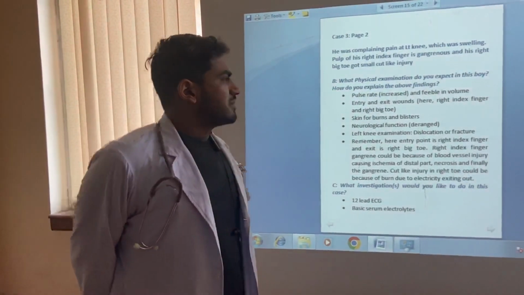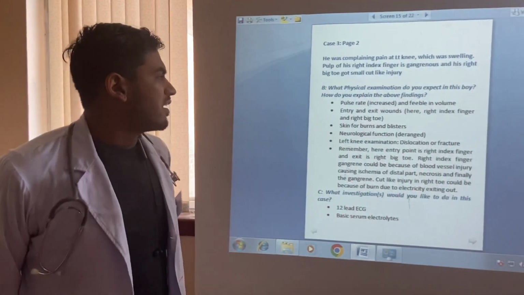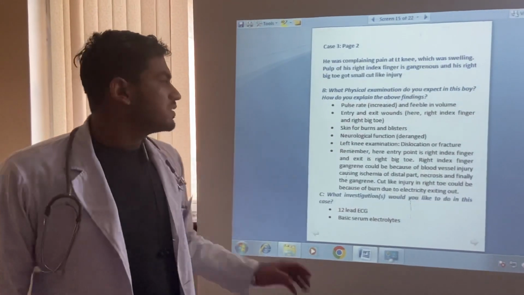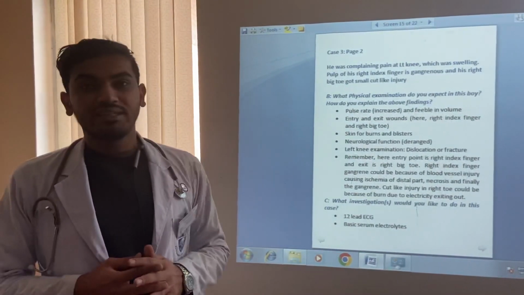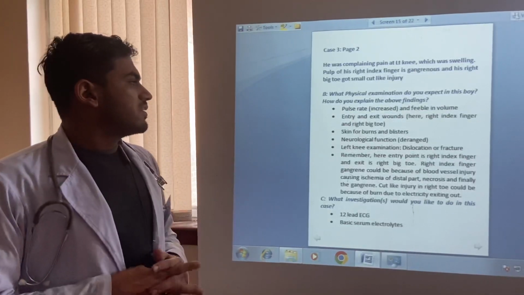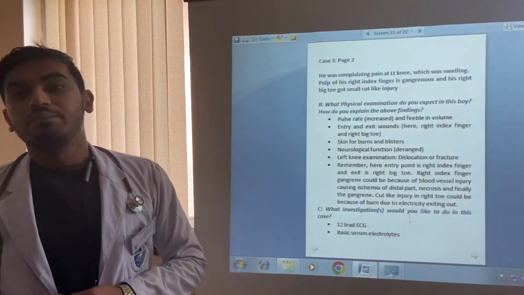So what physical examination do you expect in this case, and how do you explain the above findings? So the pulse rate is increased and feeble in volume, and there are entry and exit wounds, here the right index finger and the right big toe.